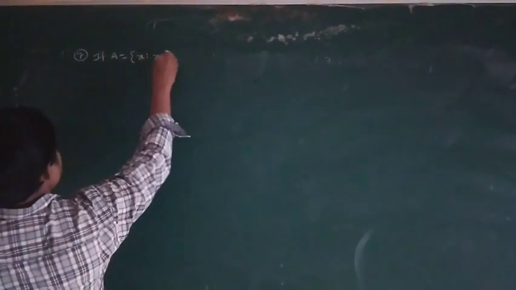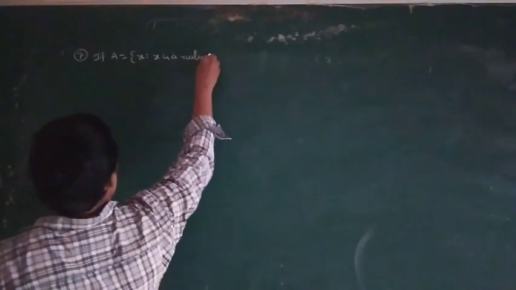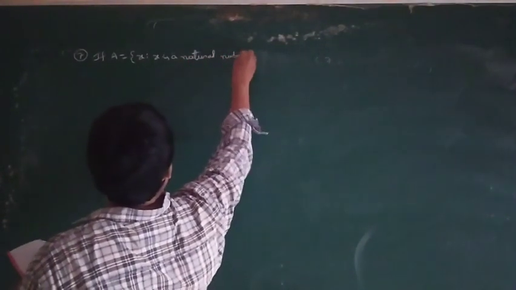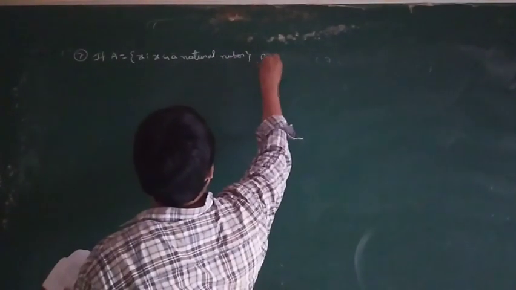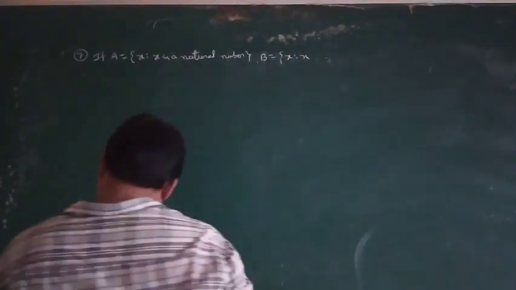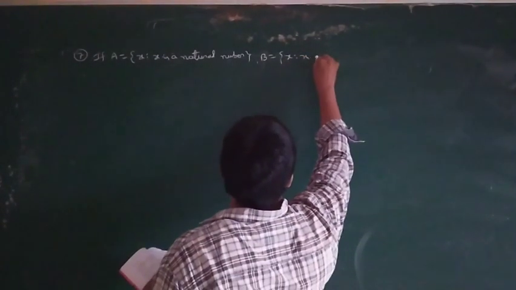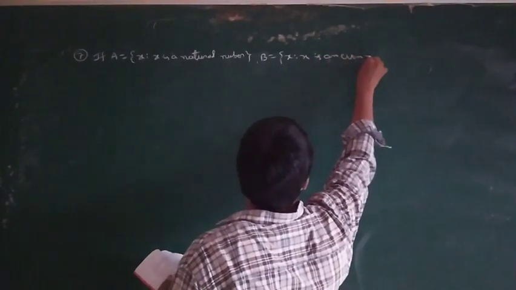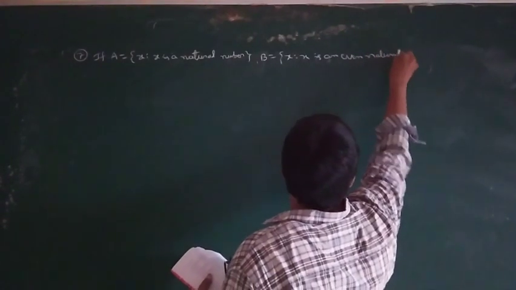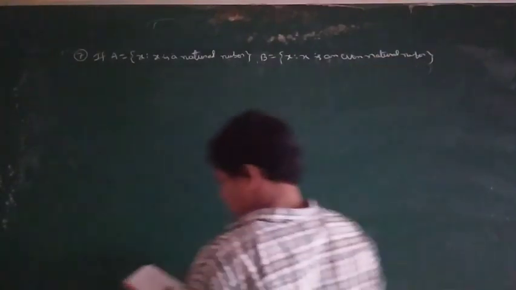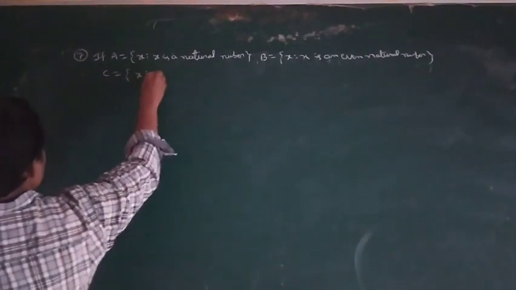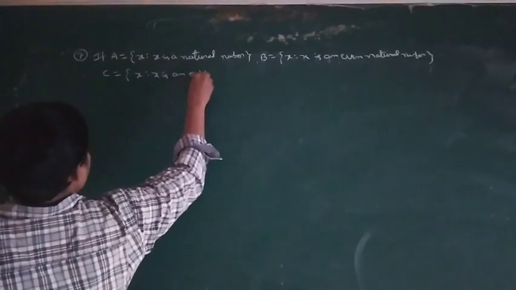So seventh one, if A is equal to set of all X such that X is a natural number, B is equal to X such that X is an even natural number, C is equal to X such that X is an odd natural number.